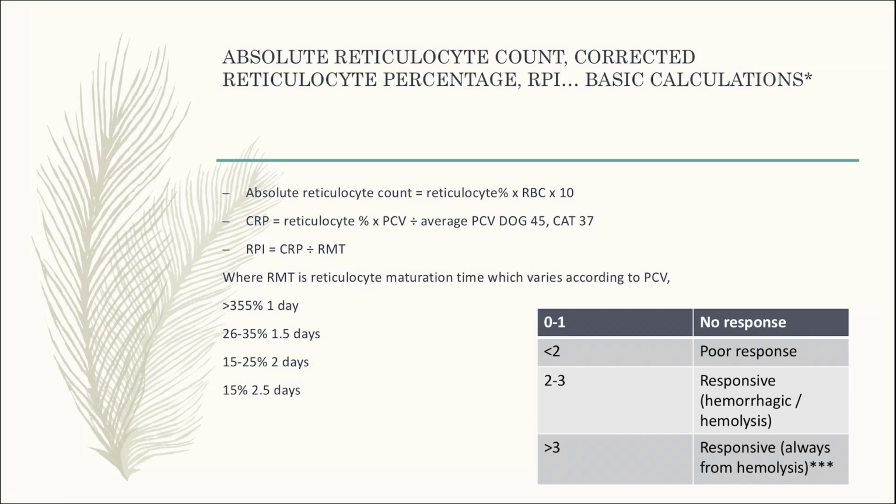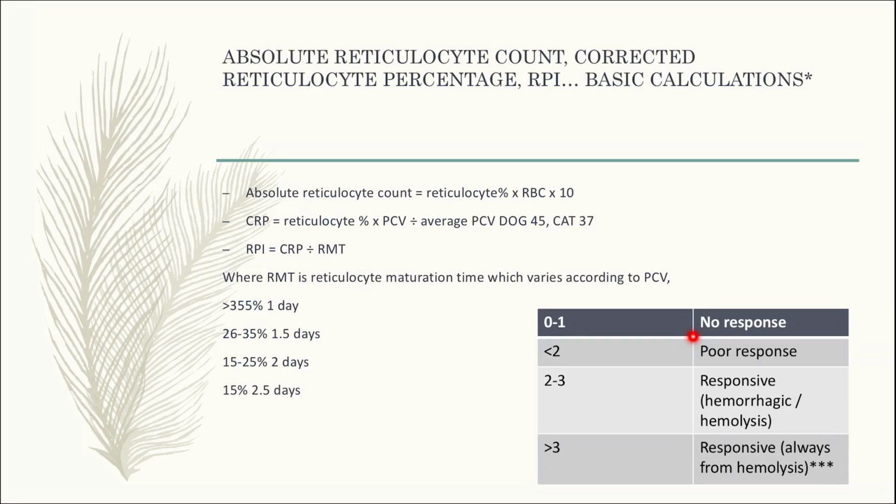When you use this formula to calculate RPI index, you will end up with results starting from 0 up to 4 or 5. Based upon the numbers, the interpretation is here. If the RPI value is somewhere between 0 to 1, then the interpretation is no response from the bone marrow.